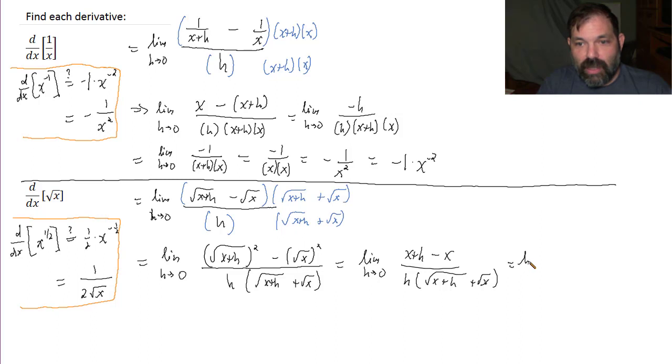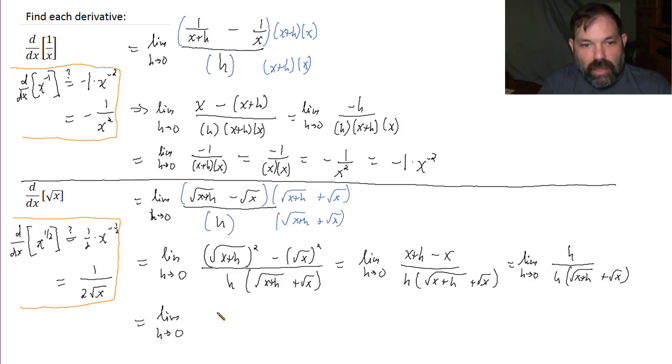And so then this is the limit with h approaching 0 of h over h times the square root of x plus h plus the square root of x. I can remove the common factor of h, leaving 1 over the square root of x plus h plus the square root of x.